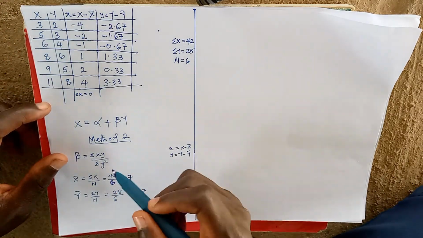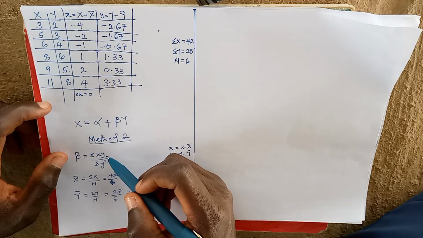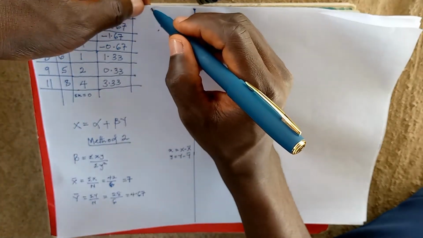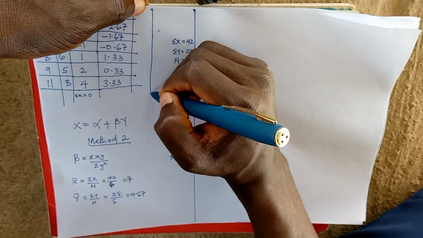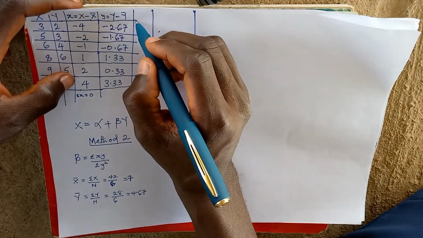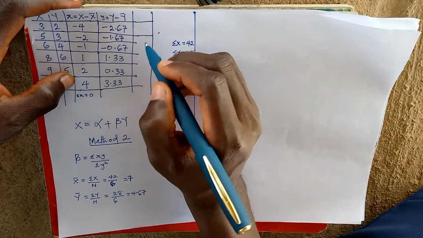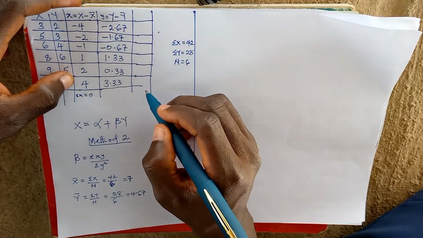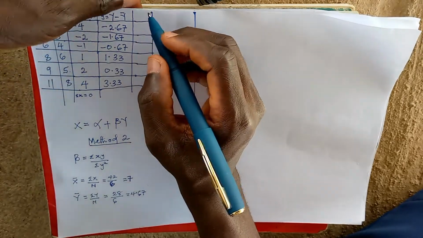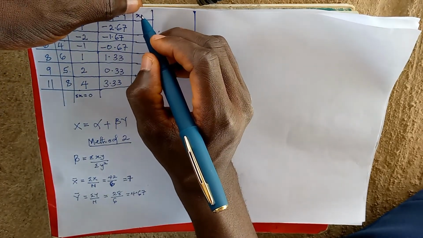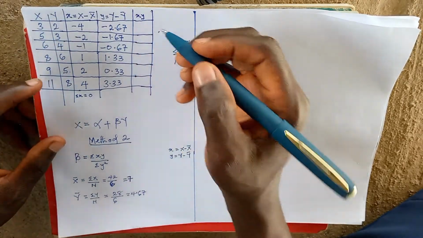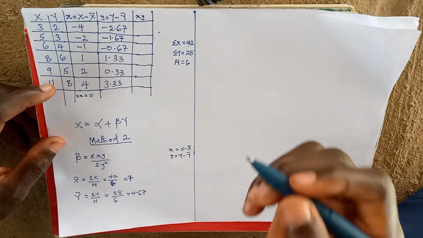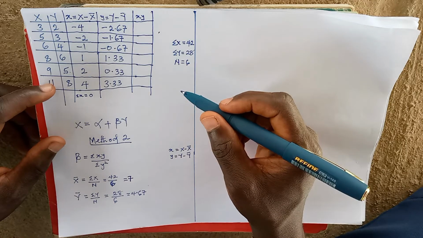This formula says we should multiply x and y, so we need another column that will multiply these together. Let's form a column here. Here we have small letter x multiplied by small letter y, and that is exactly what we need from this formula.